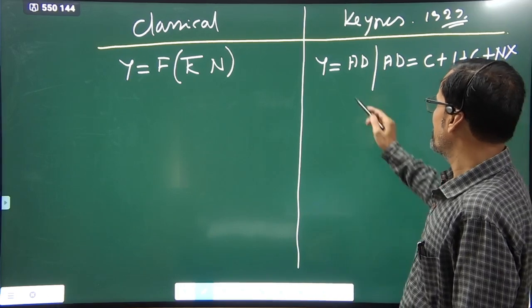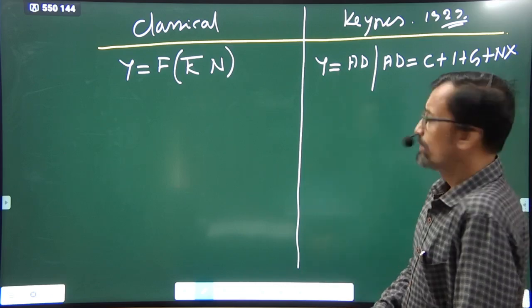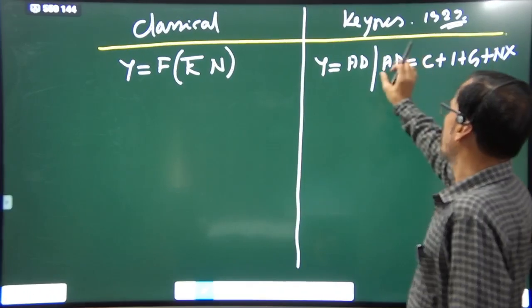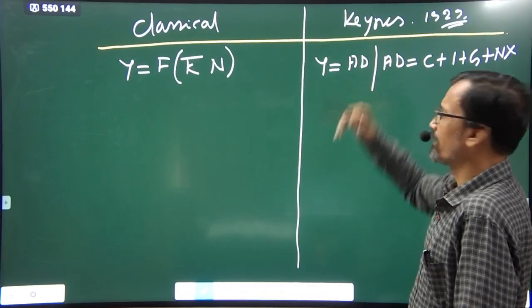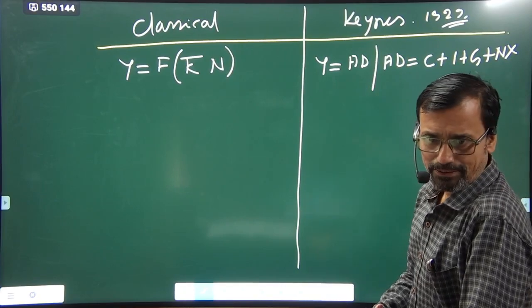That is why, in order to correct the economy, we can boost any components of aggregate demand in order to enhance its magnitude. That is how the economy can be corrected.